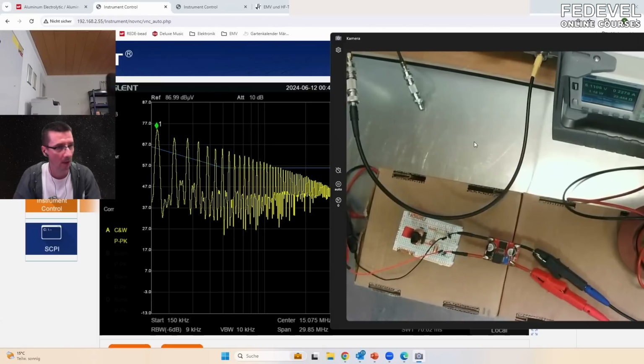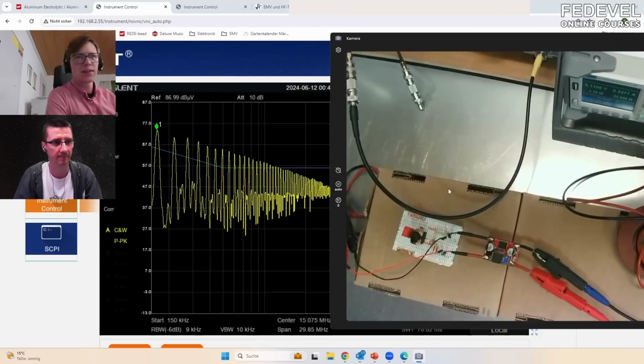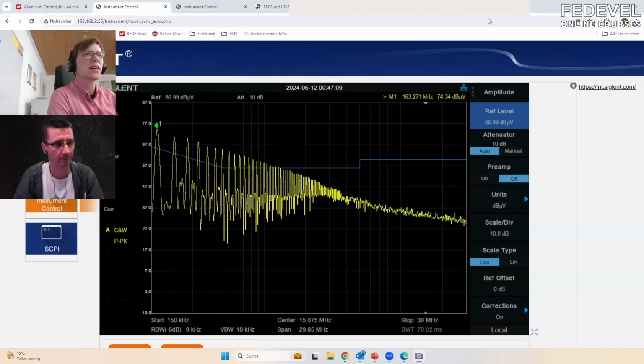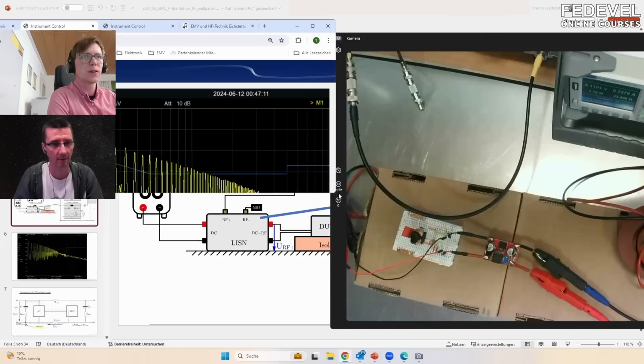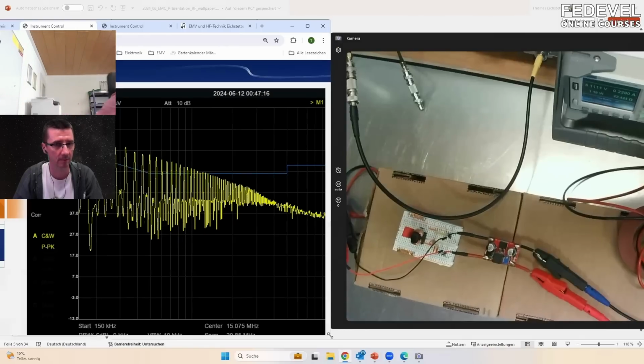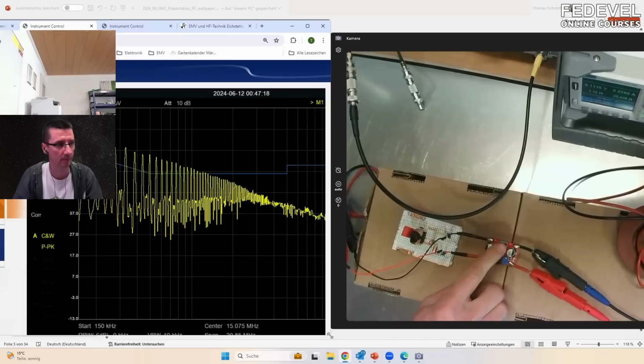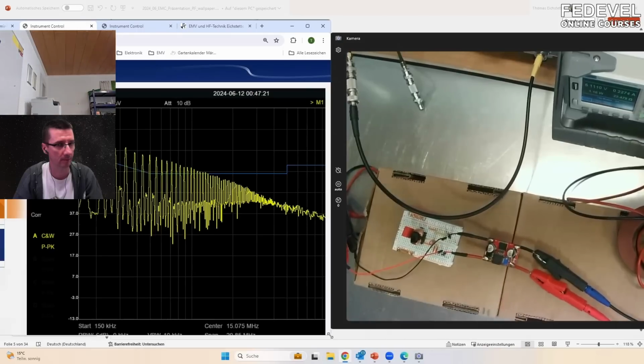When you touch the circuit and it is changing, then it is a little bit of a hint that you have a common mode problem on the board. But when you touch it and nothing is changing, then it's very likely that you have a differential mode problem. Because when you touch it, current goes over your body to the metal plate again, and this is actually what common mode does, which makes the interference of the common mode larger.